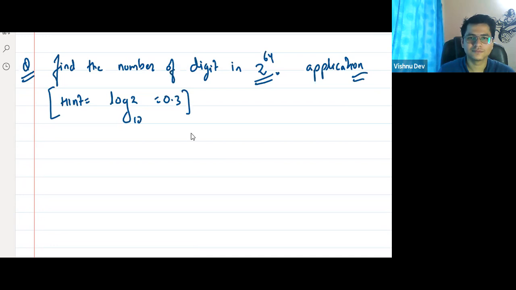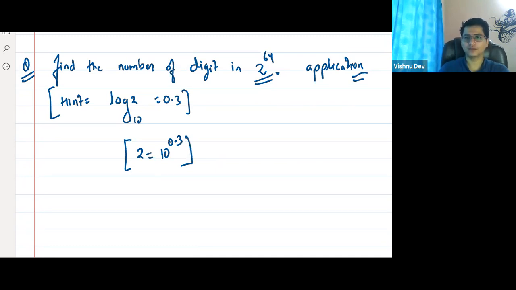Think about it, how easy this is. Can I say that 2 is equal to 10 power 0.3? Yes or no? See how easy it is. Three steps. Shafan, 20 is correct. This step is easy.